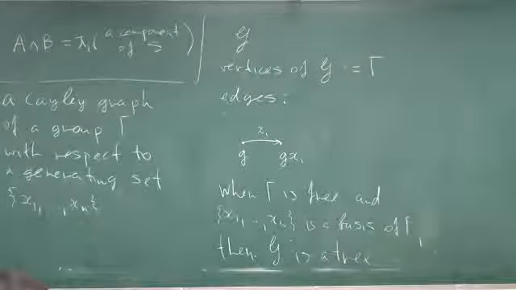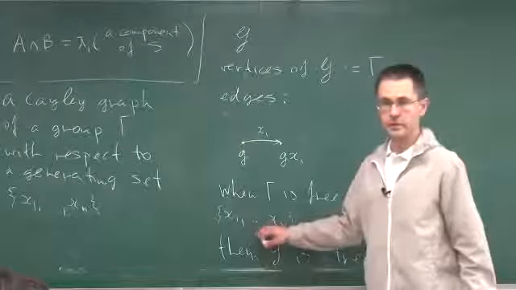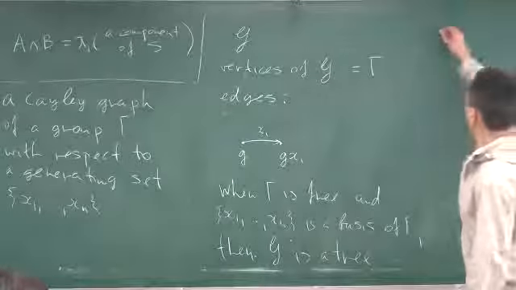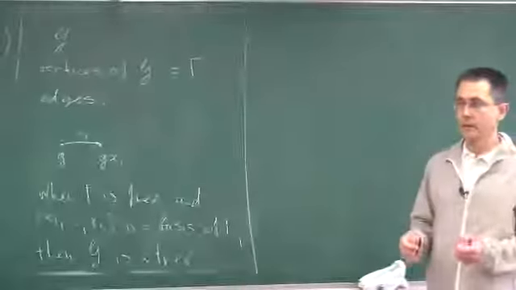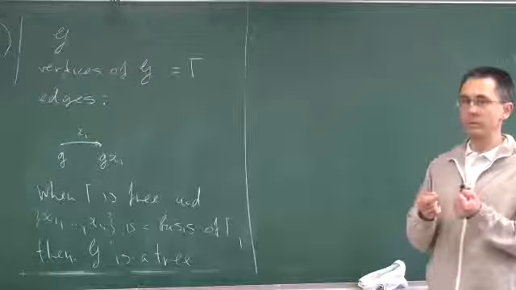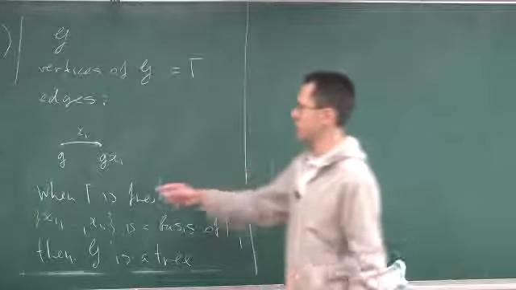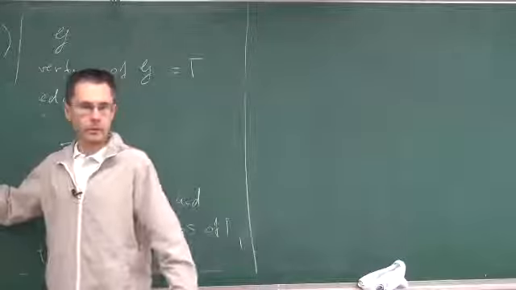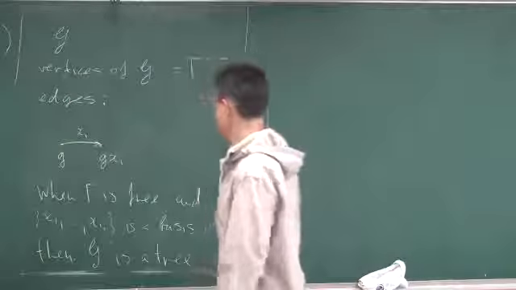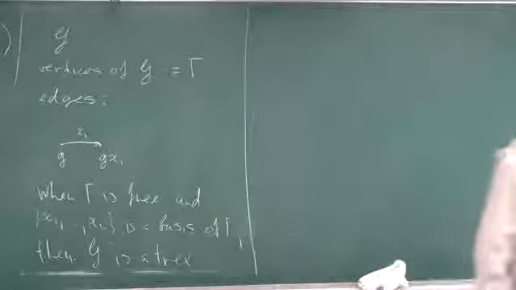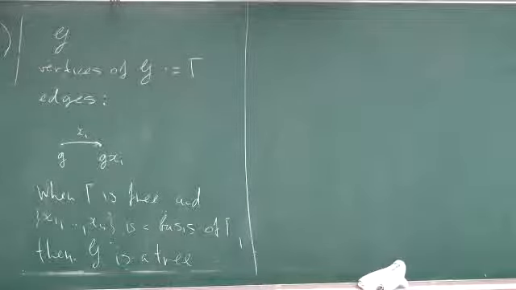So it is connected because x1, ..., xn are generators. And it is a tree because there are no loops in it. So a loop would correspond to a word in generators which is equal to one in the group. But this never happens in a free group, so there are no loops. So it is a tree. That's one definition that I didn't state explicitly last time.